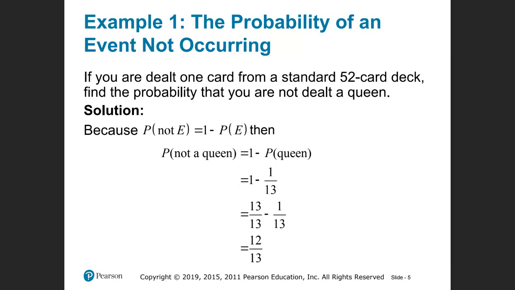On the right side of this, we have 1 minus 1 over 13. One is equal to 13 over 13. We want to write it that way so that we can subtract the 1 over 13 from it, and that gives us 12 over 13. So the probability of not a queen would be 12 over 13.